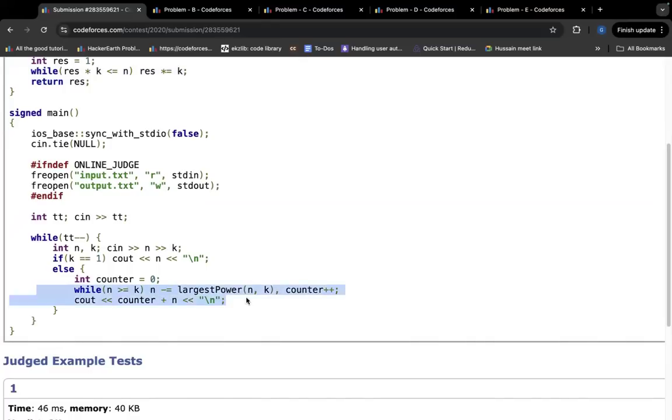In the end, once this loop is over, do you agree n will be smaller than k? Yes or no, guys? When this while loop is over, correct? So in the end, our answer is counter, basically the number of operations required here, plus n, since n is smaller than k. Okay?